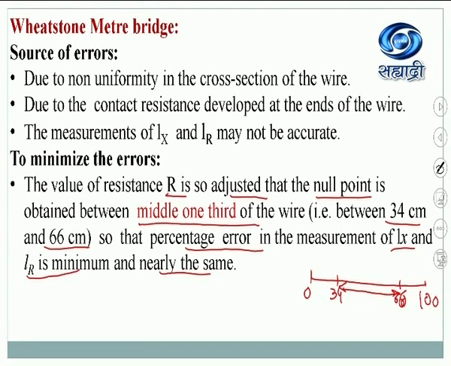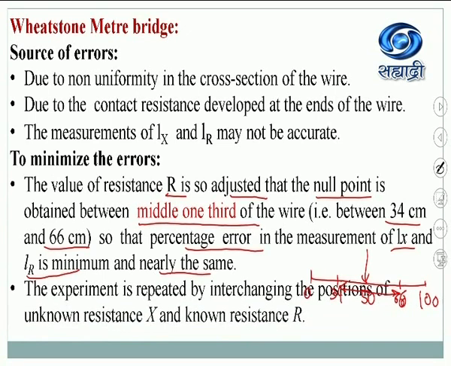Between this middle 1/3 of the wire, whatever error is introduced due to contact resistance will be minimized. It will be largely minimized when we take the balancing condition at the center of the wire, that is, at 50 centimeter. So remember this. With this we can minimize the error.